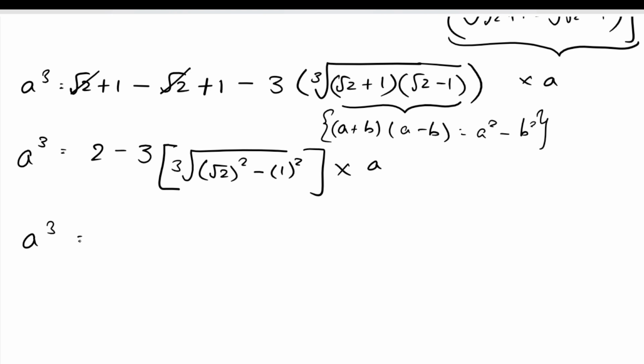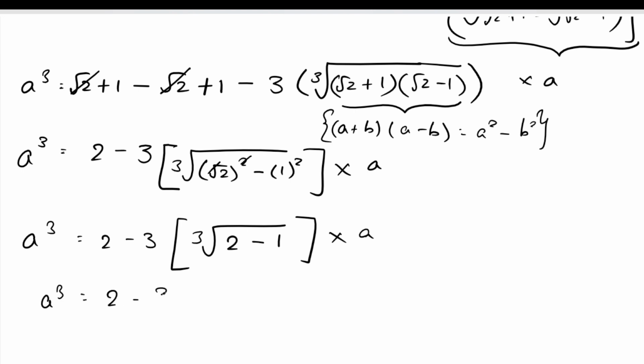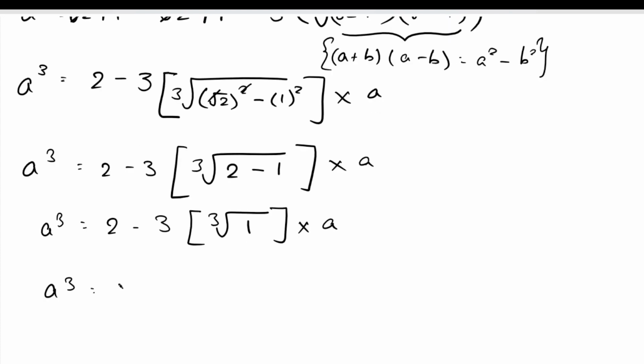So I'll get a cube is equal to 2 minus 3 bracket cube root of square root and square will get cancelled. So 2. Here square of 1 is 1 into a. So I'll get a cube is equal to 2 minus 3 into cube root of 2 minus 1 is 1 into a. So a cube is equal to 2 minus 3 into cube root of 1 is 1 into a.